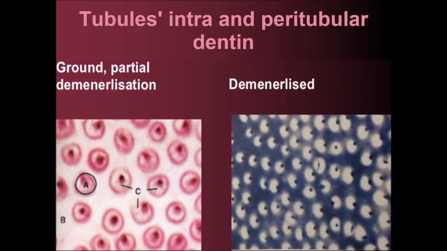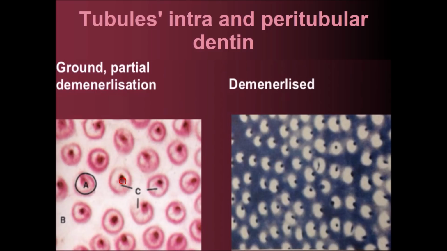The dentinal tubules in cross section are circular in shape. C here refers to this light area. This light area is the intratubular dentin or peritubular dentin, and these dark spots are the area of the lumen of the dentinal tubule, which contains either dentinal fluid or a dentinal process.